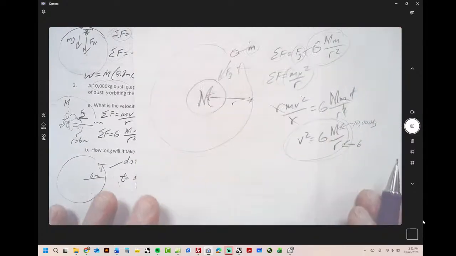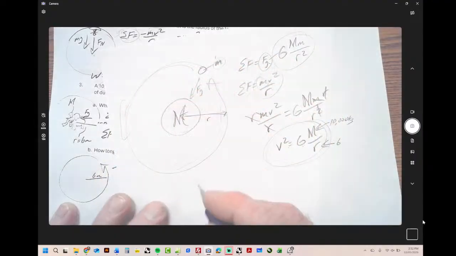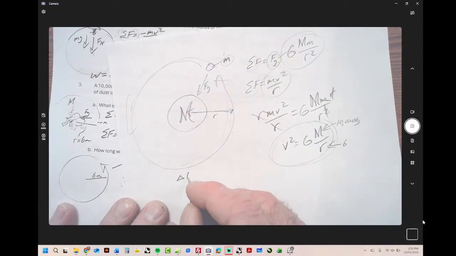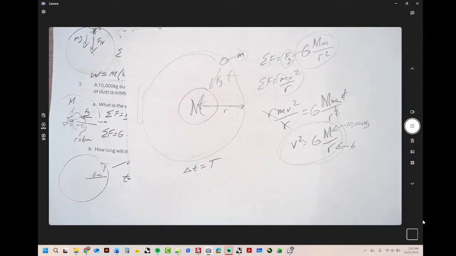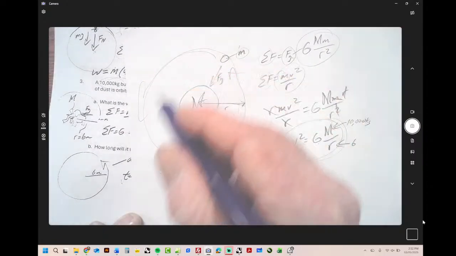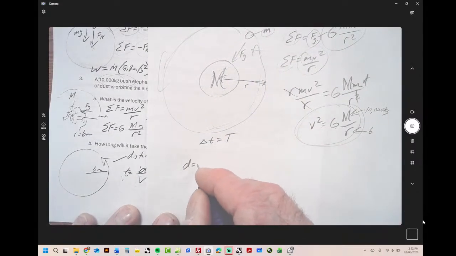step, which is to recognize that something that's going around like this, delta t equals big T. Big T is just the symbol we use for period, which is the time it takes for something to rotate. And distance equals rate times time.